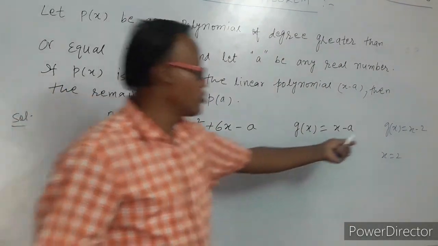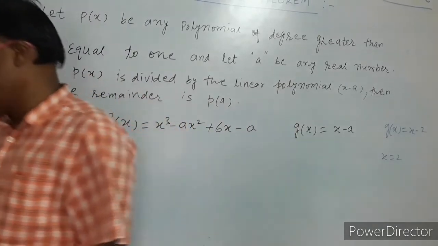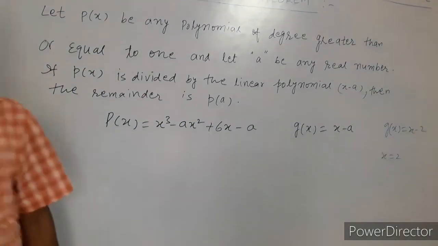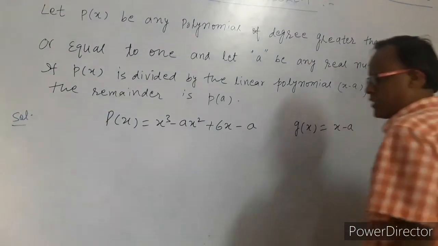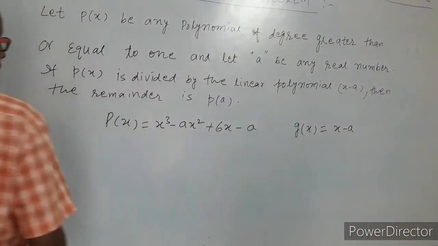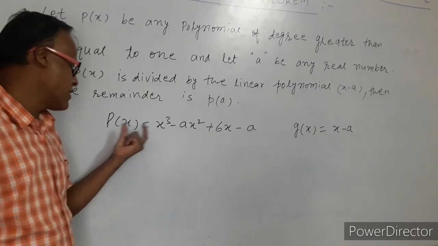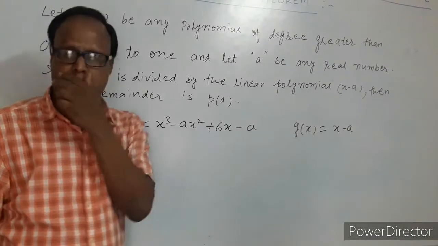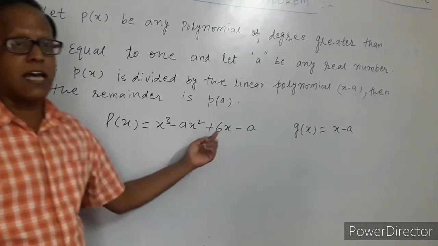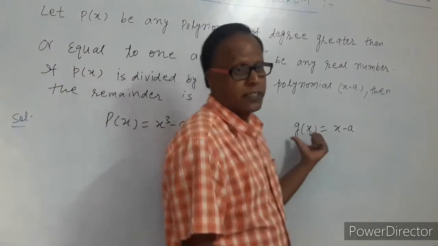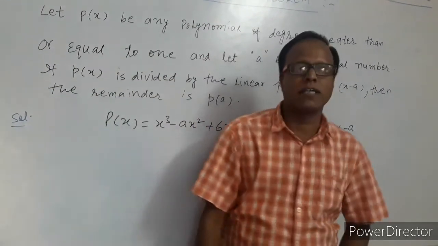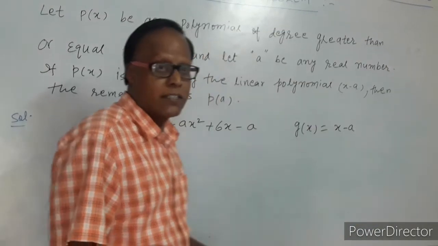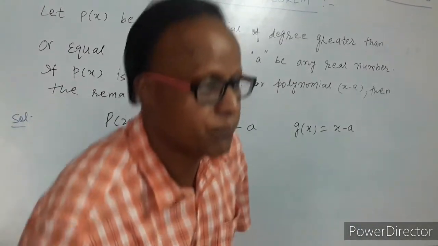In the previous question, Gx was x minus 2, now x minus a. Find the remainder. I repeat the question again: find the remainder. Px is equal to x cube minus ax square plus 6x minus a divided by Gx equal to x minus a. Find the remainder.